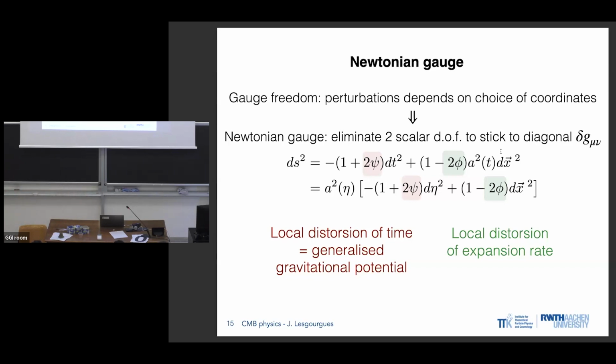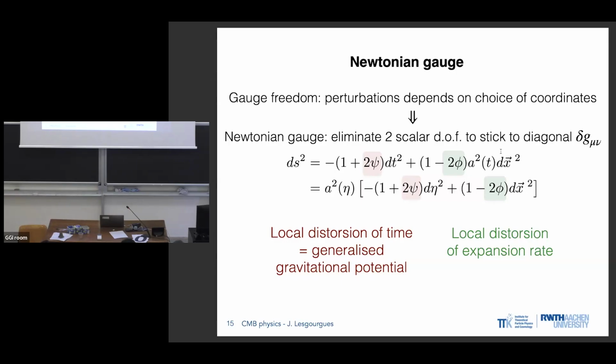And then we have these 2 functions, phi and psi, whose meaning is really intuitive. This one appears in the G00 term, so it's a local distortion of time. And when you study GR and its connection to Newtonian physics, you learn that the Newtonian gravitational potential is a local distortion of time from the point of view of GR.